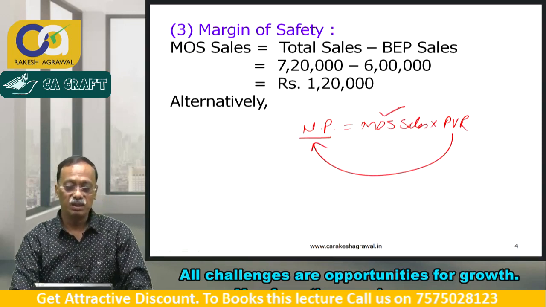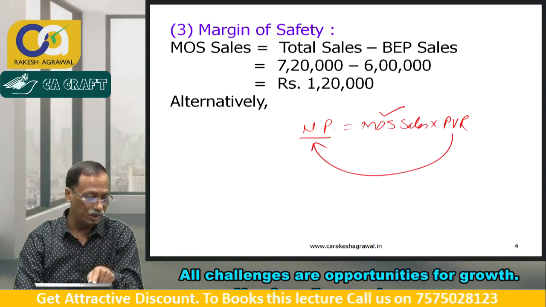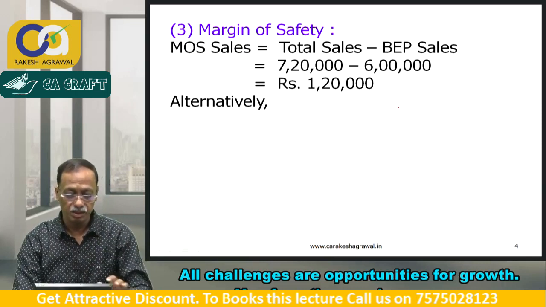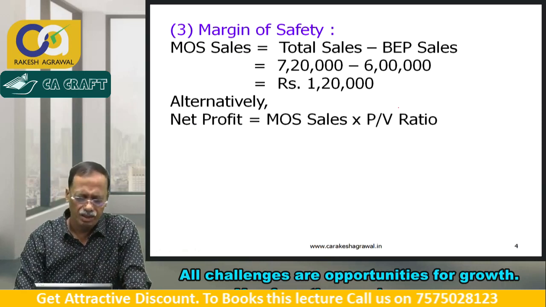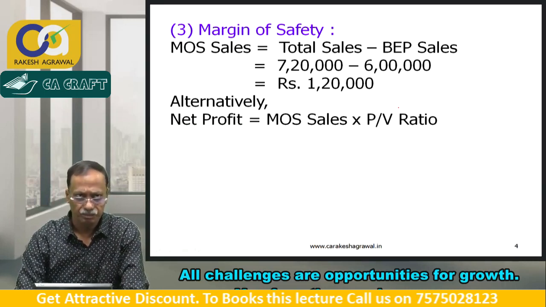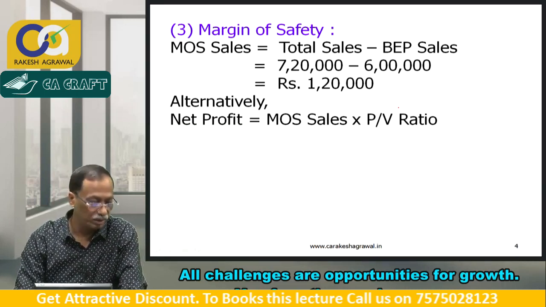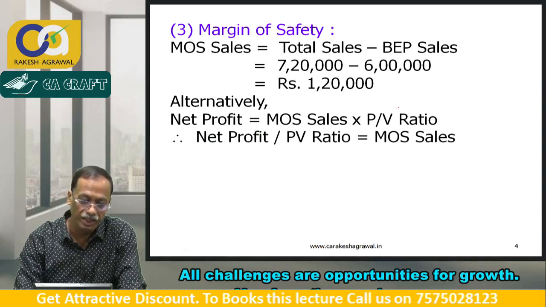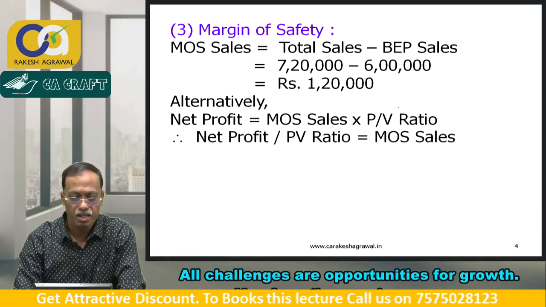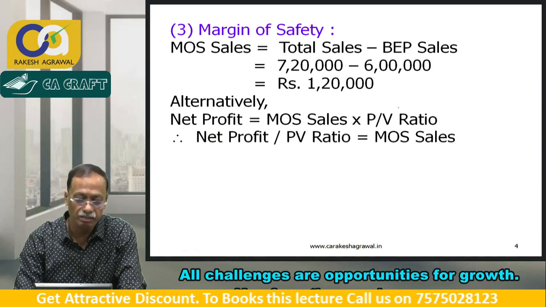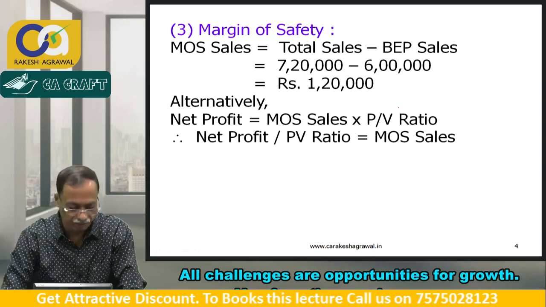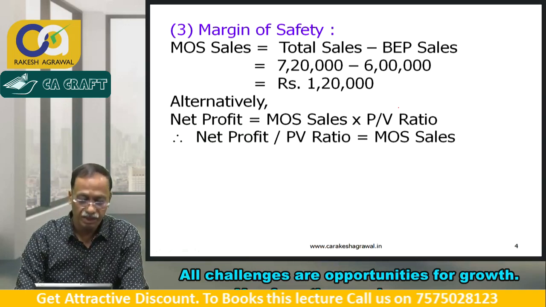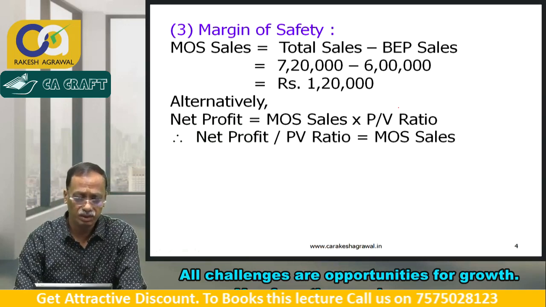So directly, MOS sales will be net profit, which is given in the question as 36,000, divided by PV ratio. Therefore net profit divided by PV ratio is equal to MOS sales.